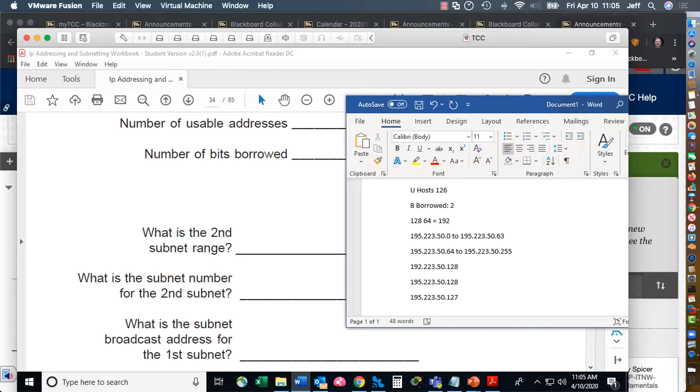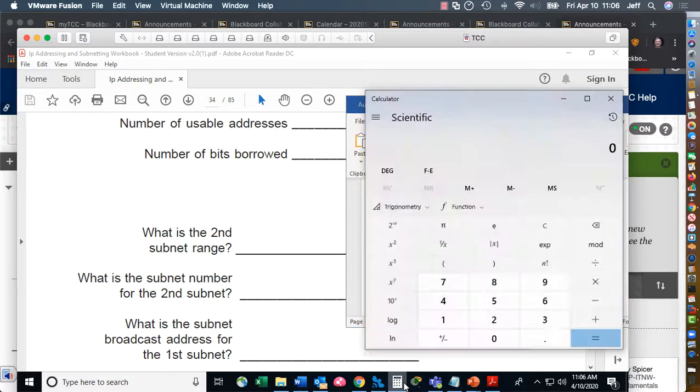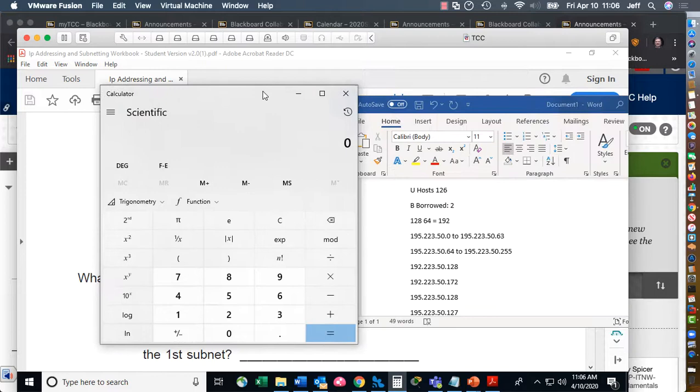128, and then because we'd have 4 networks, right? We borrowed 2 bits, we could create 4 networks. 128 plus 64 is 192.